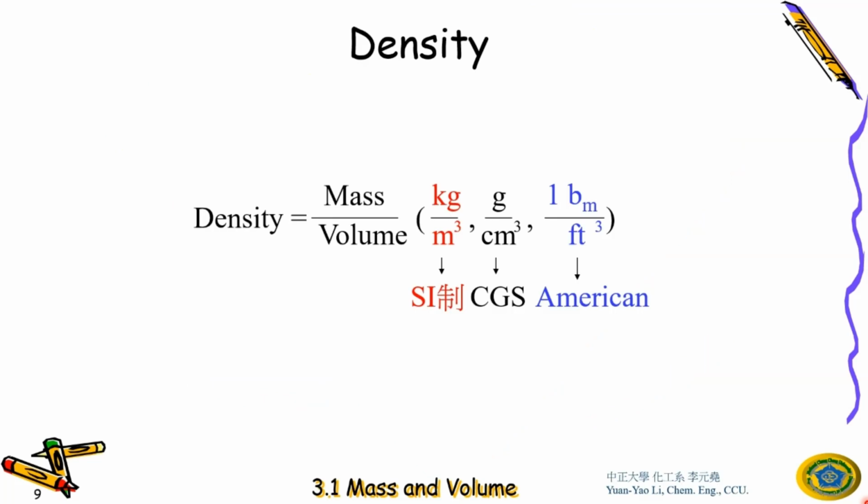If you put mass and volume together, you immediately realize we are going to talk about density, because mass divided by volume becomes the density. The unit of density can be SI system, CGS system, or American engineering system.